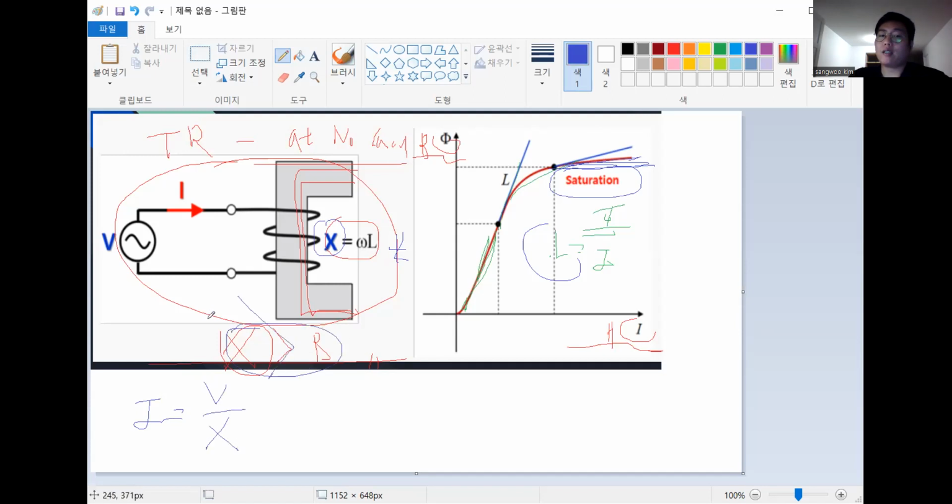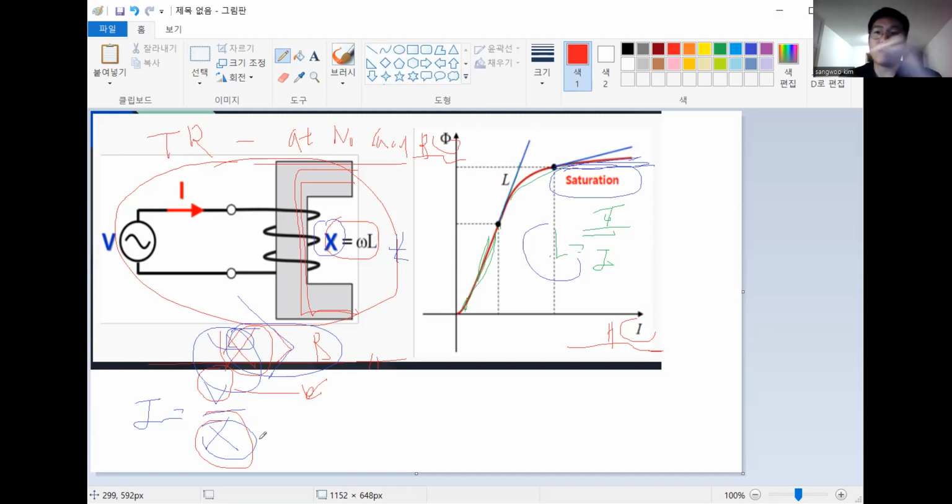Look at that, I equals V over X by Ohm's law. Because X is really big, it's almost a resistor. Since we're using a voltage source, V is a constant value. But what happened? Suddenly X is sharply reduced. We could explain with Ohm's law, but what we need to know is why it happens today.